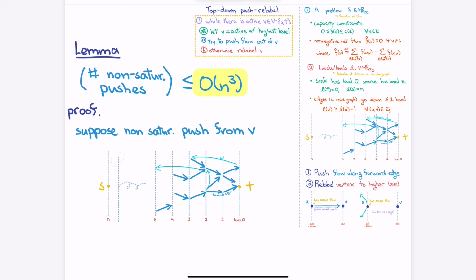All right, so there's some level that's pretty high up. This is the highest one with active vertices. I always pick vertices from here.